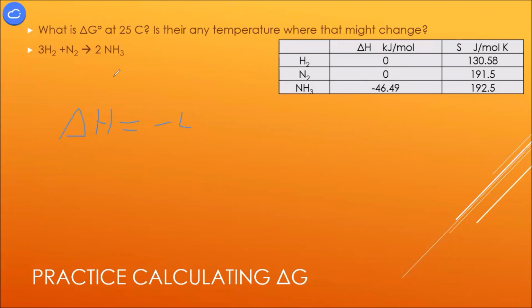There's 2 ammonias, so negative 46.49 times 2, minus our reactants. Well, that's conveniently 0 and 0. So the delta H is just negative 46.49 times 2.